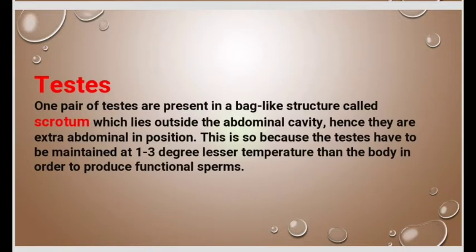One pair of testes is present in a bag-like structure called the scrotum outside the abdominal cavity. Hence, they are extra-abdominal in position. This is so because the testes have to be maintained at 1 to 3 degrees lower temperature than the body in order to produce functional sperms.